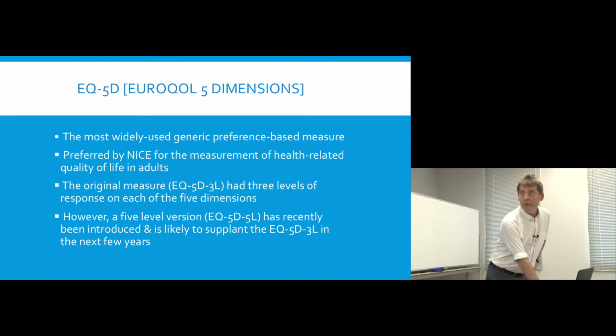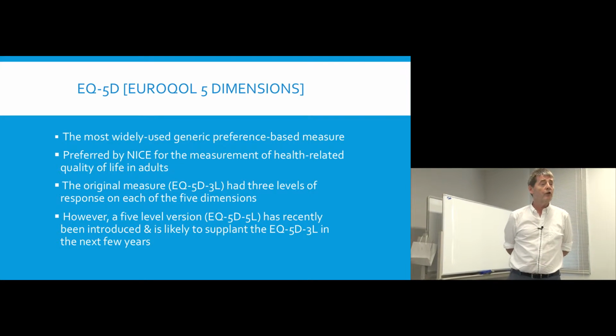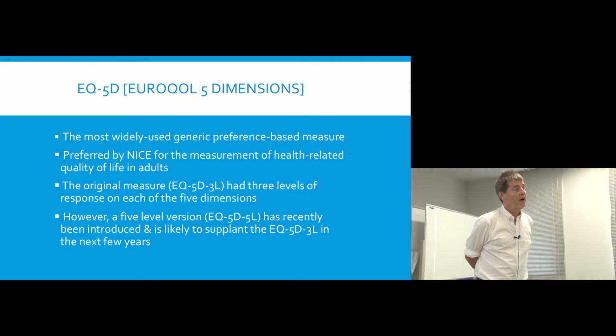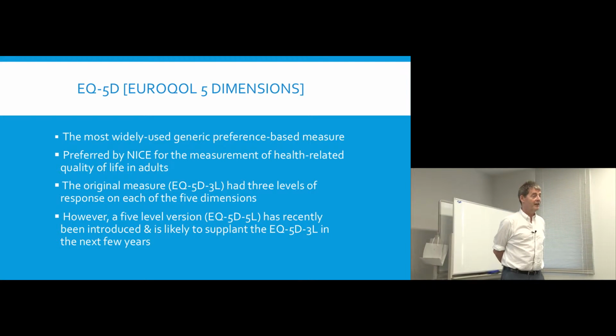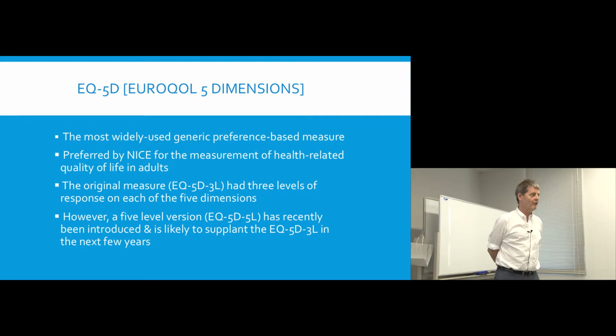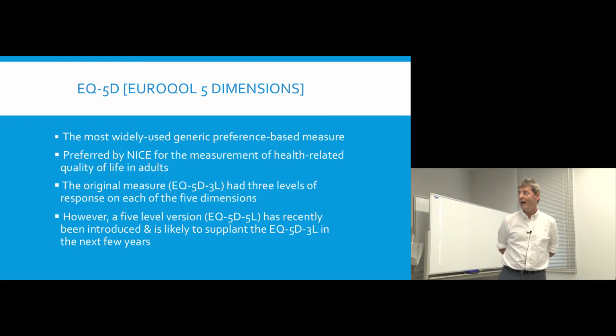So, the EuroQol or EQ5D, it's called the EuroQol because researchers from about half a dozen European countries collaborated on it. And of course, it's a marketing ploy, it's a brand. Far better to have a catchy name like that.